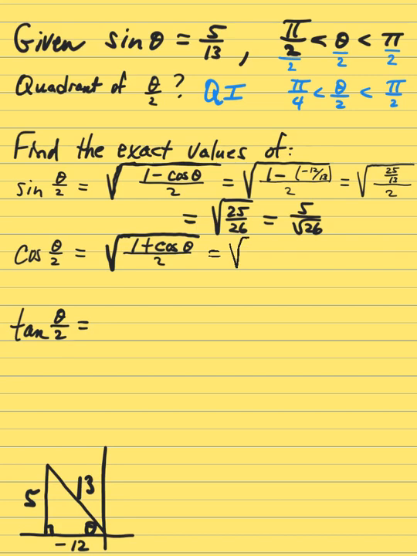So that gives us radical 1 plus, back to the diagram, we still have negative 12/13 for cosine, all over 2.